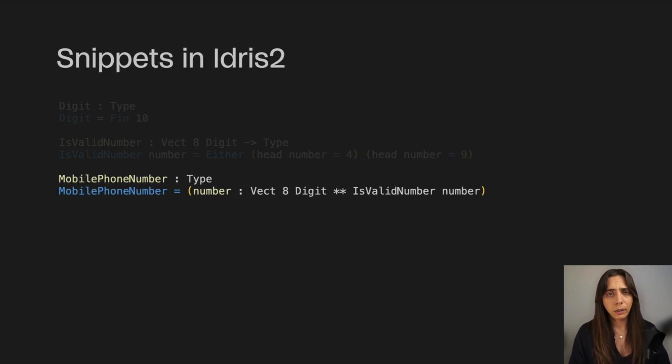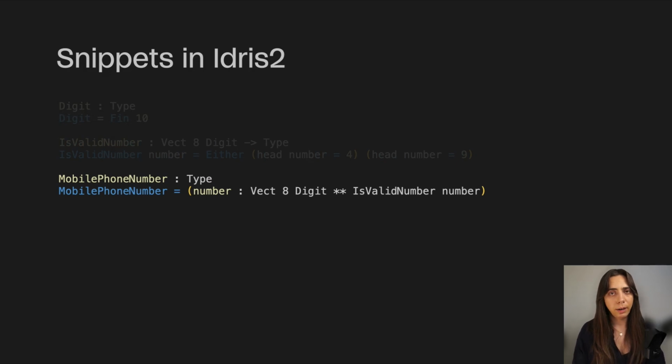That's just the Idris syntax for a tuple, where the type of the second value can depend on the first value. In this case, it does depend on the first value. So my mobile phone number, I know is going to be an 8-long vector of digits, and the first is either 4 or 9. And this is compile time.